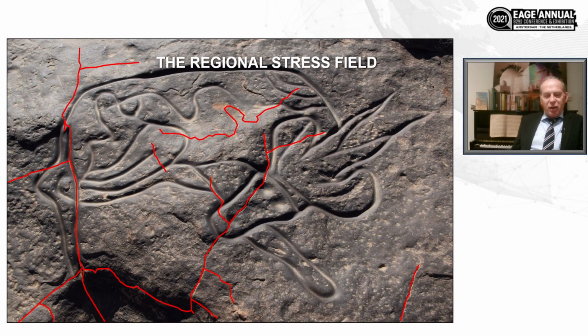A fundamental aspect that has to be taken into account in the analysis of fractured and faulted reservoirs is the characterization of the present-day regional stress field.